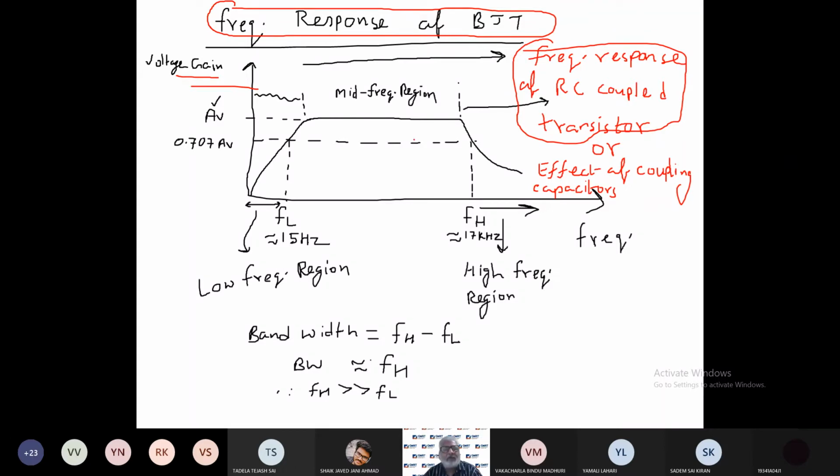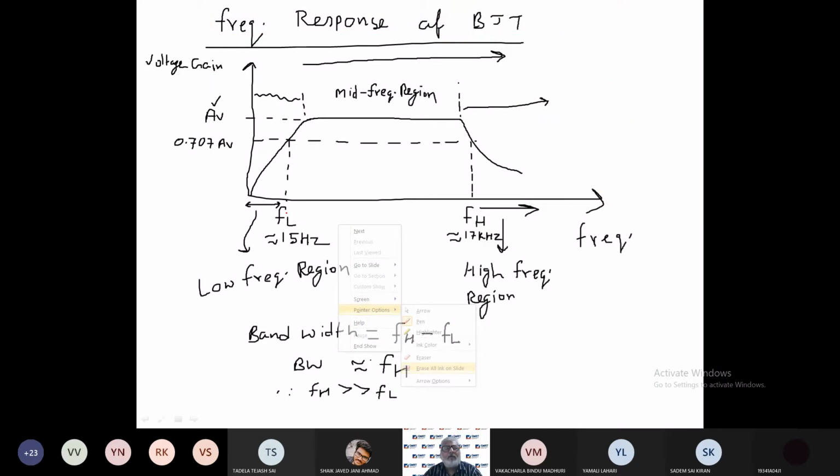So if these type of questions are there, then what you can do, you draw this diagram, right? Here in y-axis, it represents voltage gain. X-axis represents the frequency, and this is the frequency curve.